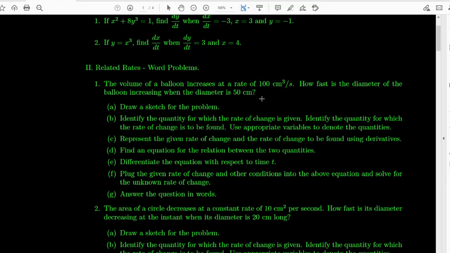Before you answer, try to imagine: if the volume of the balloon increases at a constant rate, in the ideal case the balloon is a sphere shape, right? Let's say 100 cubic centimeters per second. Listen to my question: does the diameter increase at a constant rate?